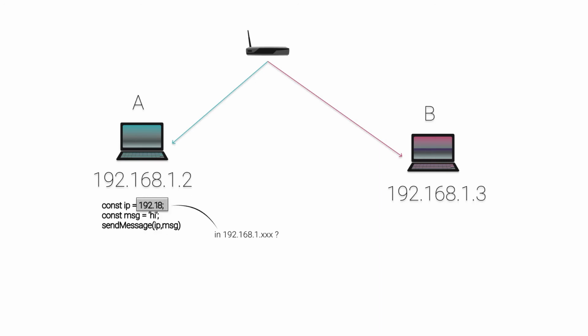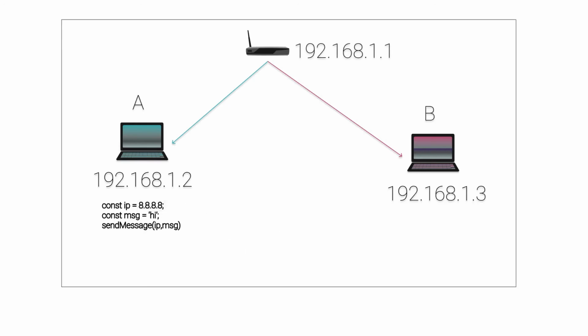If I change the IP address in our code, then while executing it, device A is going to find out that this IP address is not present within the same subnet, and only at this time is it going to reach out to the gateway, or send a request to the gateway to resolve this, just like it did with device B in our previous case.